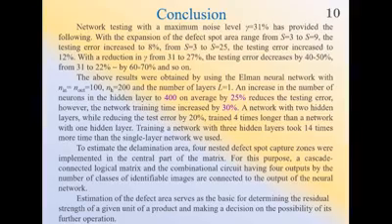However, the network training time increased by 30%. A network with two hidden layers, while reducing the test error by 20%, trains 4 times longer than a network with one hidden layer. Training a network with 3 hidden layers took 14 times more time than the single-layer network we used. Therefore, the structure and parameters of our network are optimal.